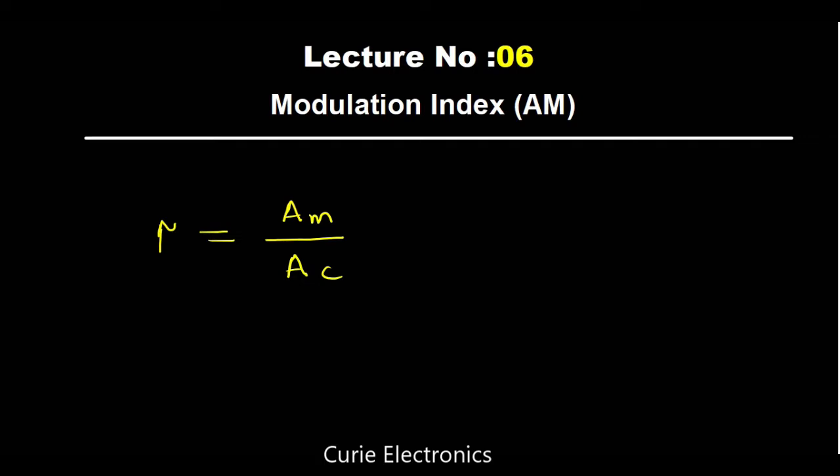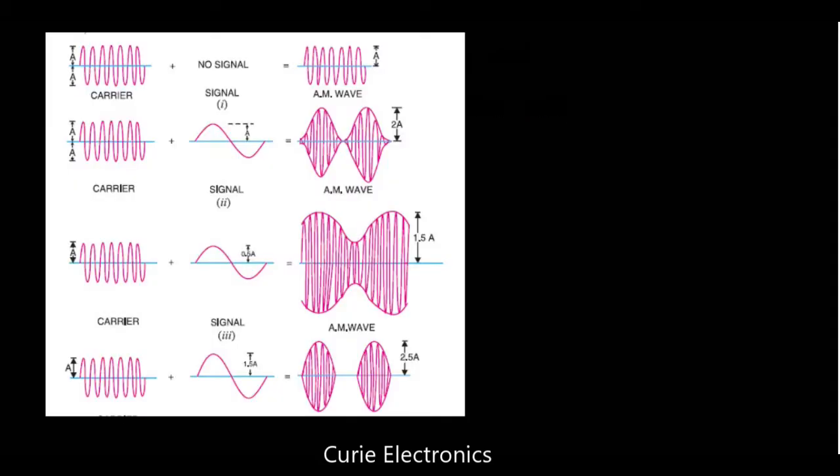And what is the preferred value of mu? It should always be less than 1, otherwise the signal gets distorted. Now we'll see with examples.